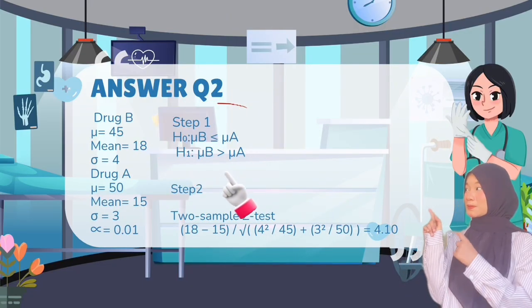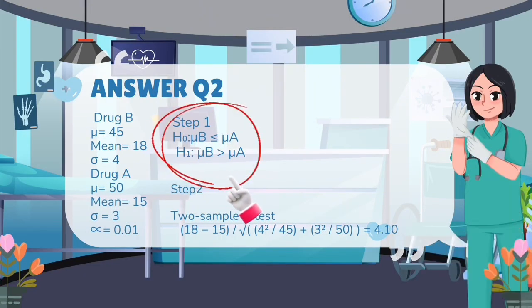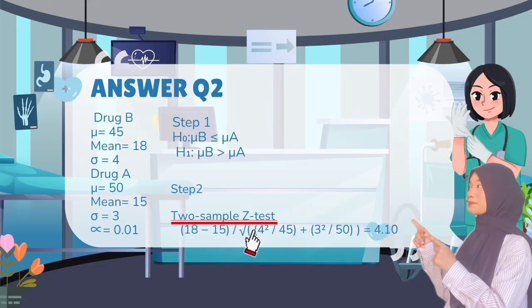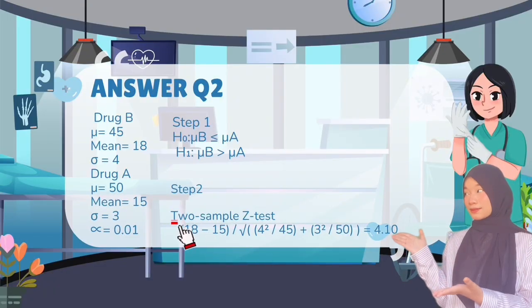The null hypothesis, pronounced as H naught, states that the mean reduction of drug B is less than or equal to drug A. Mu B is less than or equal to mu A. The alternative hypothesis, or H1, claims that drug B shows a higher reduction, meaning mu B is greater than mu A. For step 2, we use a two-sample Z test because the population standard deviations are known.